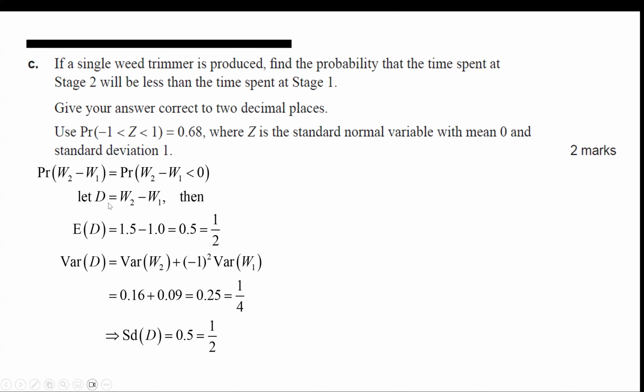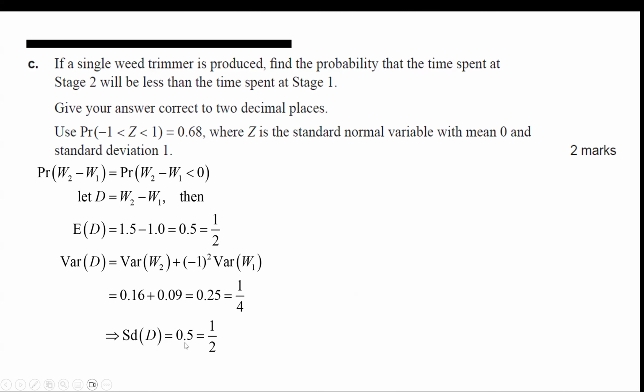So you can let W2 minus W1 equal D, then the expected value is the difference between them. So 1.5 take 1.0 equals half. And then the variance of D is the variance of W2 plus minus 1 squared times variance of W1. So it will be 0.16 plus 0.09, which is 0.25. And this is 0.5 squared. That's why the standard deviation of this difference variable is 0.5.